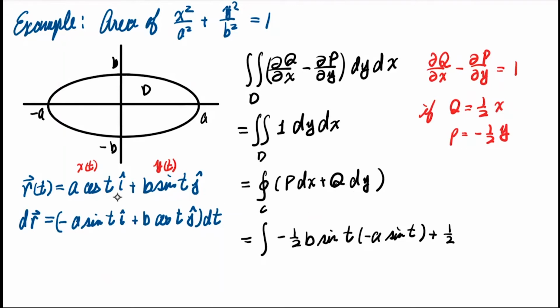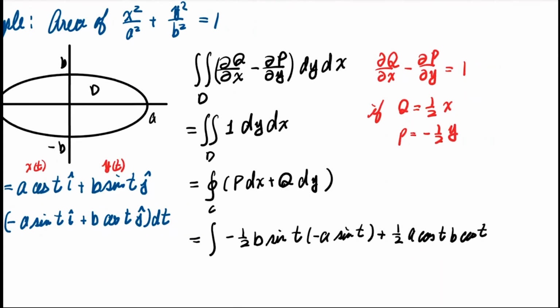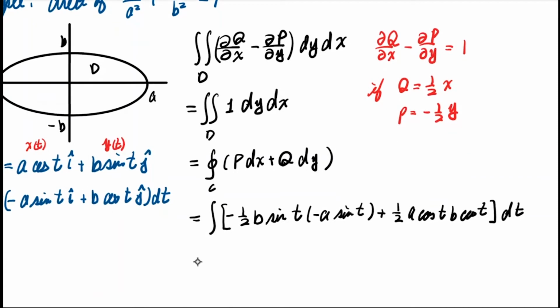So that's 1/2, and x is a cosine t, times dy, which is b cosine t, dt. Even if it looks like single variable calculus, it's still a line integral. You do it our usual f dot dr way. Still with me? Okay, let's see what we got.